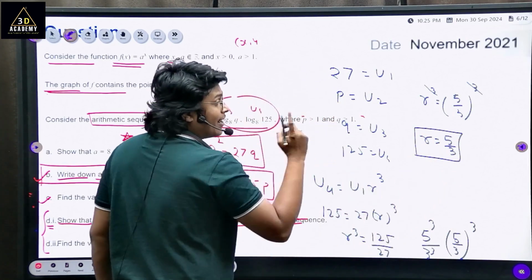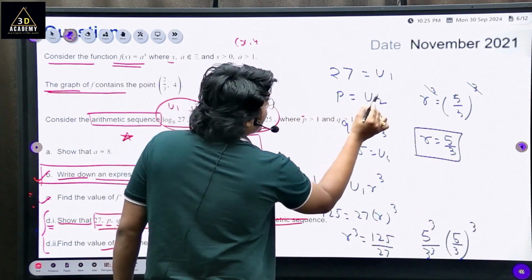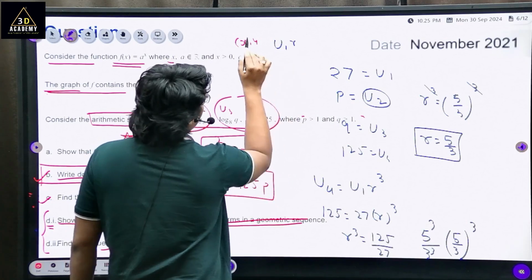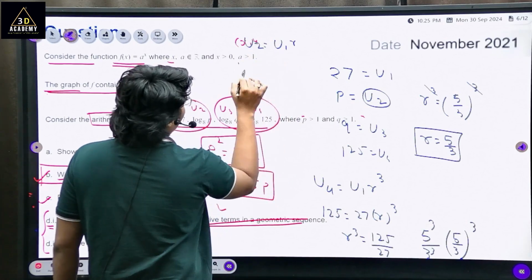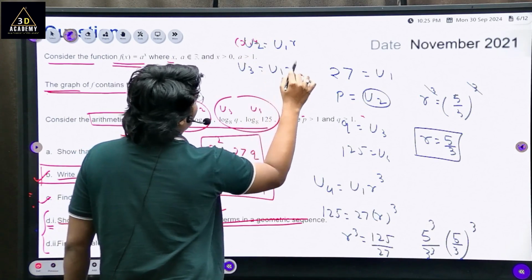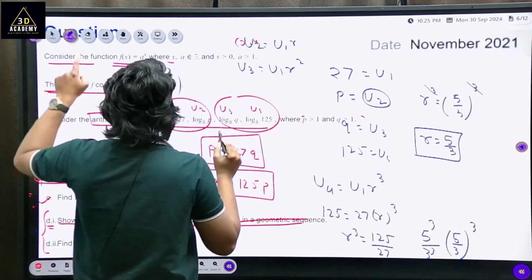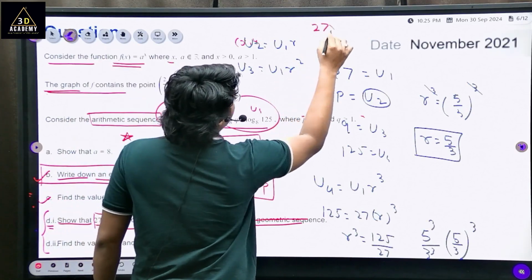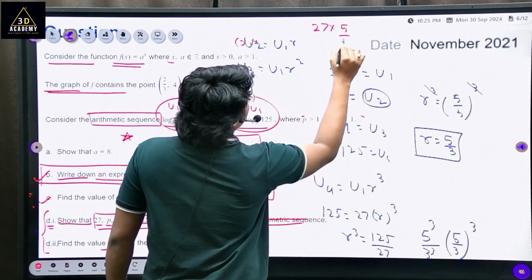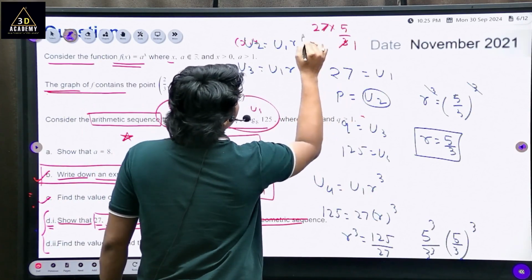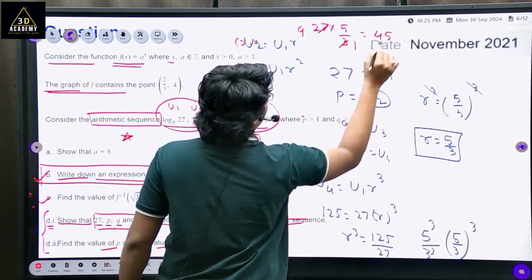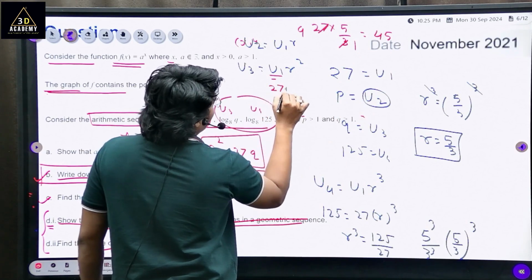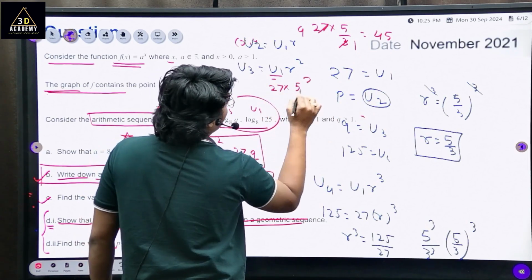Correct? And what we know, u2 is nothing but u1 into r, and u3 is nothing but u1 into r square. So using that logic, we get u1 is 27 into 5 upon 3 is u2, that is nothing but 3 ones are 3, 9 fives are 45, and u1 r square, u1 is 27, u1 r square will be 5 square upon 3 square.